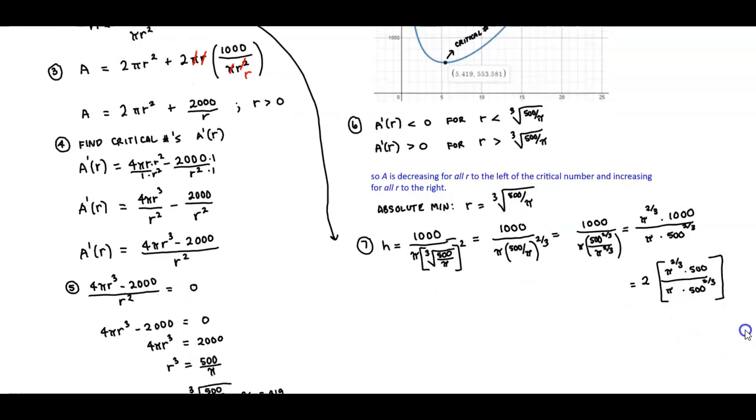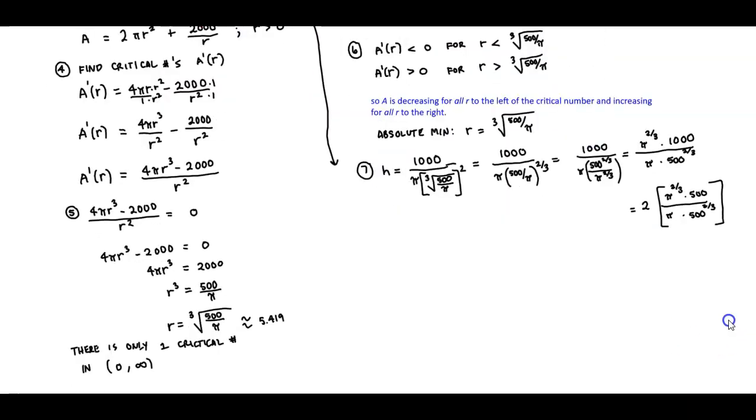Okay, and then from here we can use the same base rule. If we take pi to the 2/3 and divide that by pi to the 3/3, that gives us pi to the negative 1/3, times 500 to the 1, which is the same thing as 3/3 minus 2/3, giving us 500 to the 1/3 power.